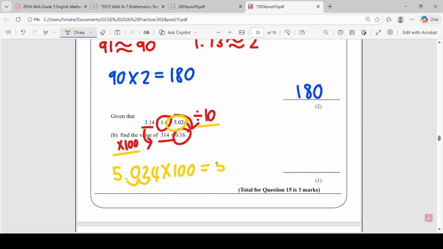So it's going to be 502.4. And then we divide it by 10. That means we move the decimal place 1 space like that. And so we end up with 50.24. So you can see it's a strange question. It feels strange to do it like that, but they've given us the answer for a reason. And that's because they're actually just testing, can we move the decimal places?